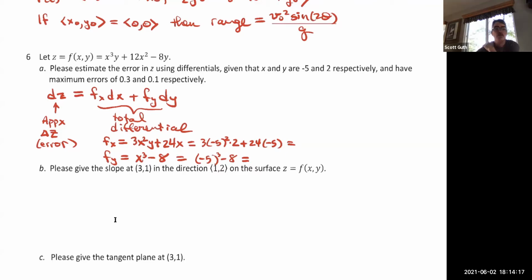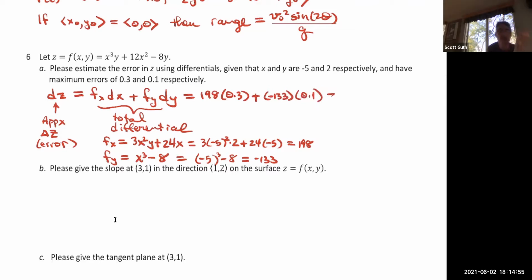Okay, so the first one should be 198, I hope. And the second one should be -133. So fx is going to be the 198. dx is the maximum error in x, so you'll do 0.3 plus fy, which is the -133, times dy, which is 0.1.